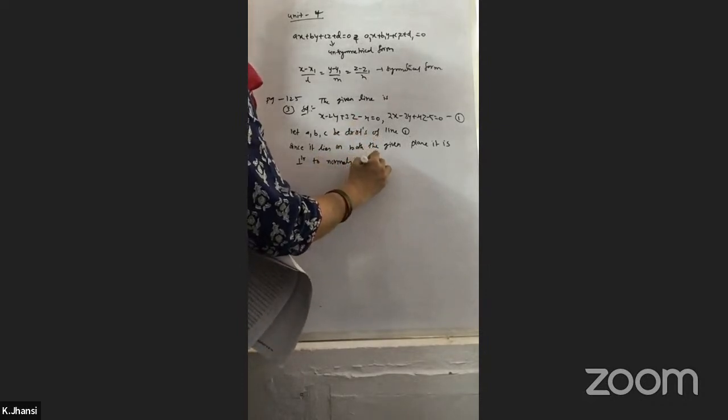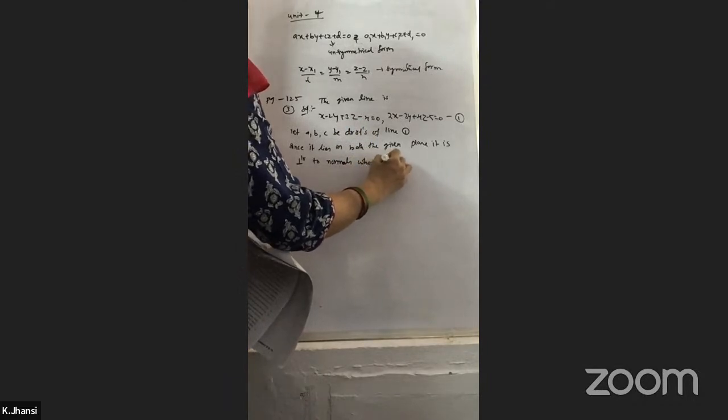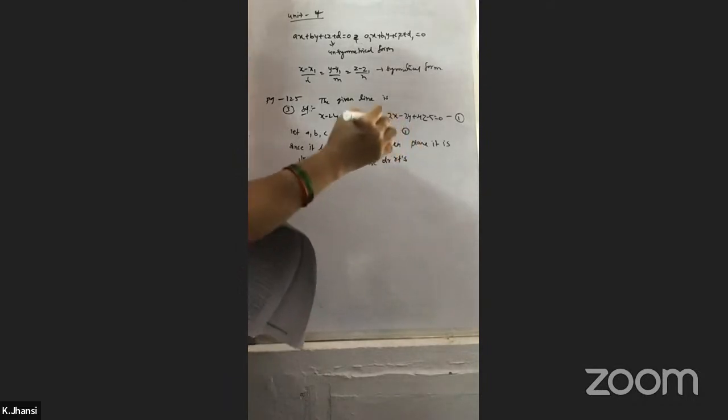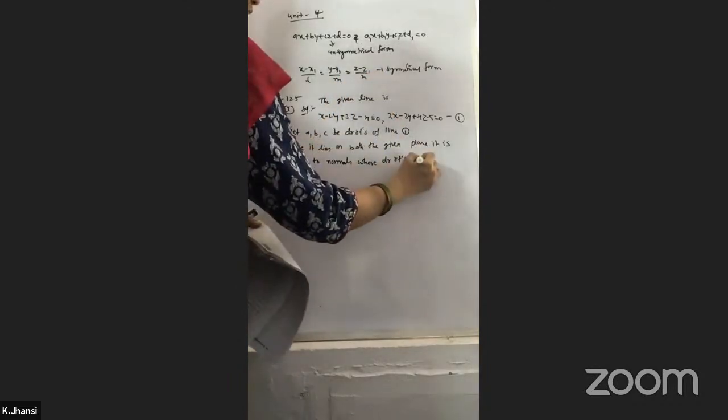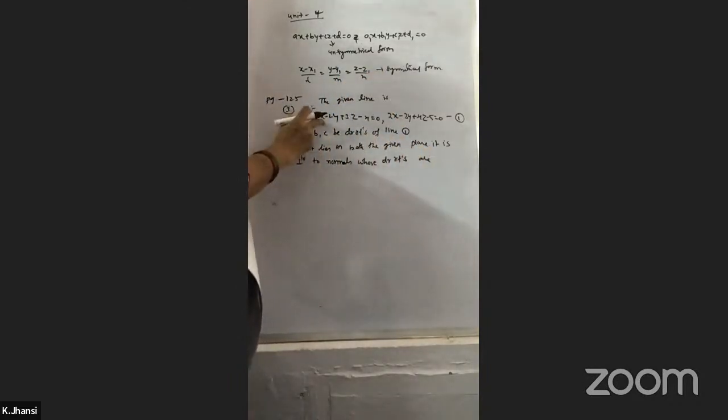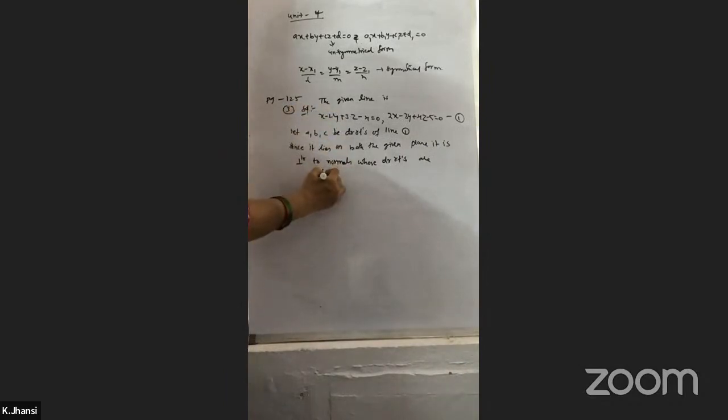whose direction ratios are, you can write these sentences from your textbook. Direction ratios of given line equations are the coefficients of x, y, z, that is 1 comma minus 2 comma 3, and for this one 2 comma minus 3 comma 4.